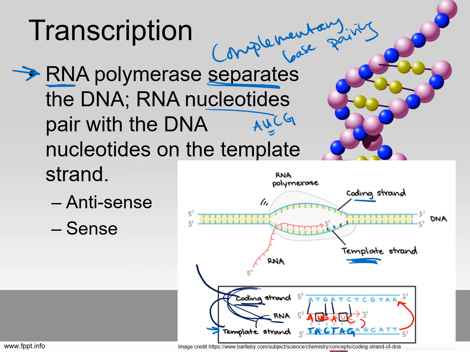I'm also going to call that coding strand the sense strand, and then my template strand is the antisense strand, which doesn't make a whole lot of sense. See what I did there? But if you think about how this antisense strand is complementary to, not a match for, but complementary to the RNA, then it's a little bit more logical.